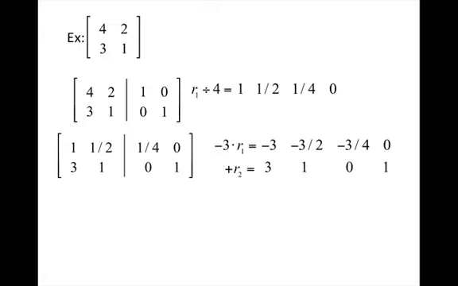Row 2 is 3, 1, 0, 1. This is going to give me my new row 2. -3 plus 3 gives me the 0 that I wanted. -3/2 plus 1 is -1/2. -3/4 plus 0 is -3/4. And 0 plus 1 is 1. So replace row 2 and keep row 1 the same.